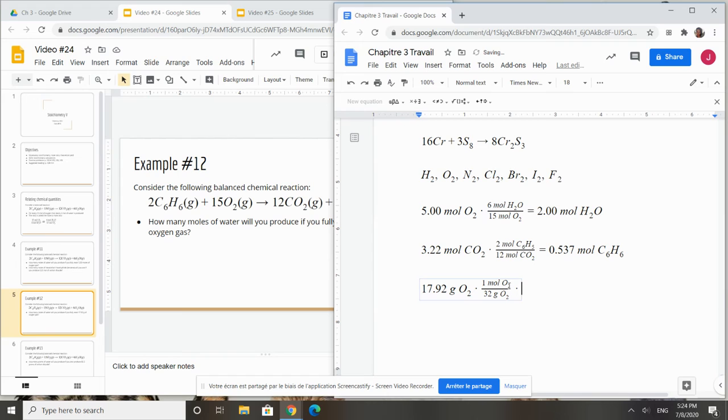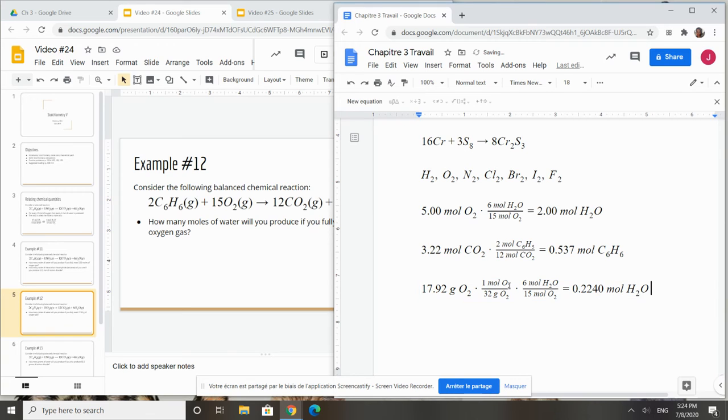Once I have it in moles, then I can use the mole-to-mole ratios in the problem. And then I need to round this to 4 sig figs.